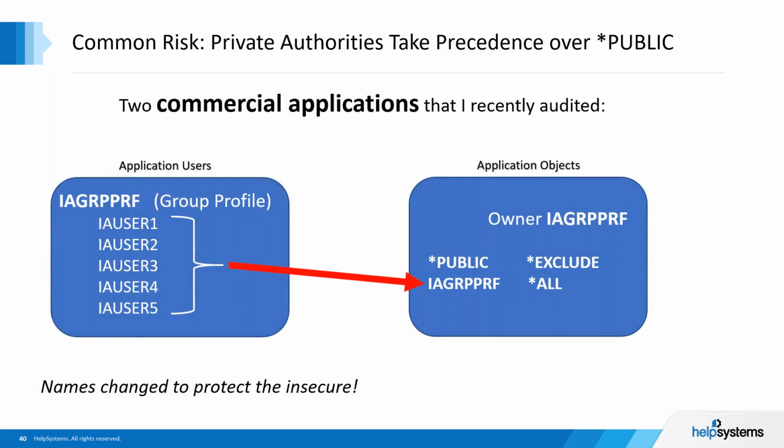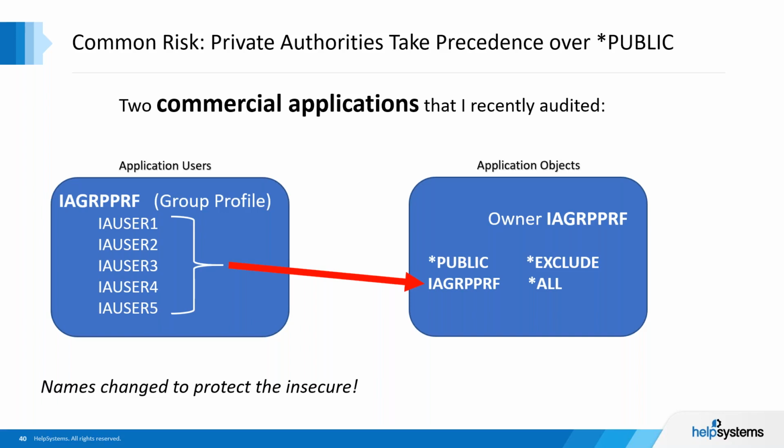Now, if you've addressed that, if you have set your objects up, in this case, to be public exclude, then it all looks good on paper, but we have to remember that private permissions take precedence over public. They're evaluated ahead. Now, a couple of commercial applications I've recently reviewed made a big mistake.